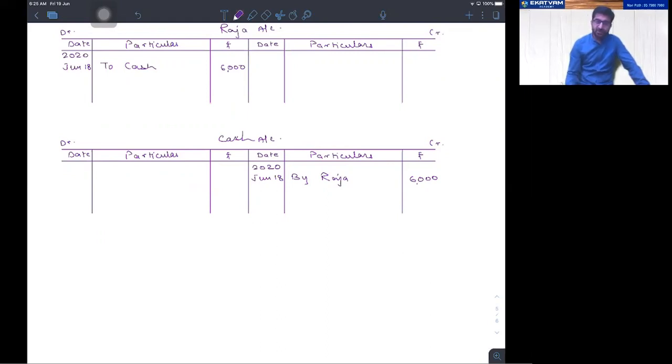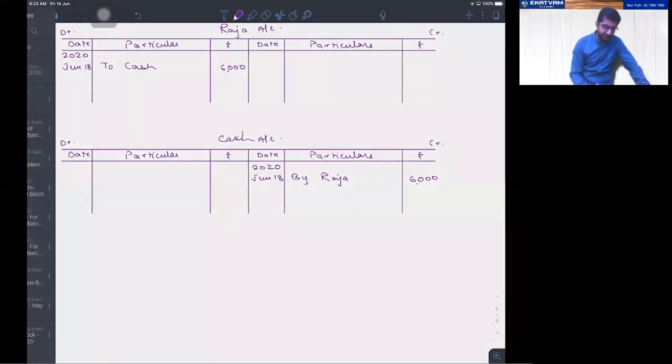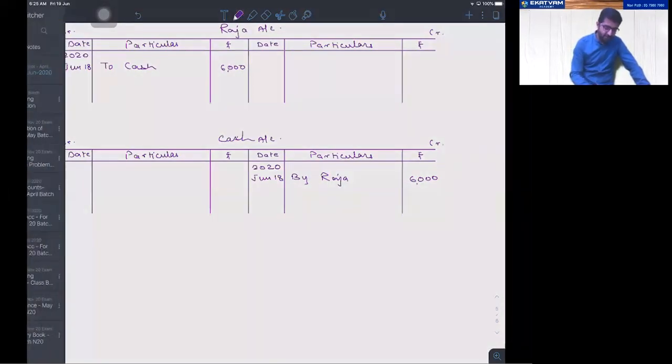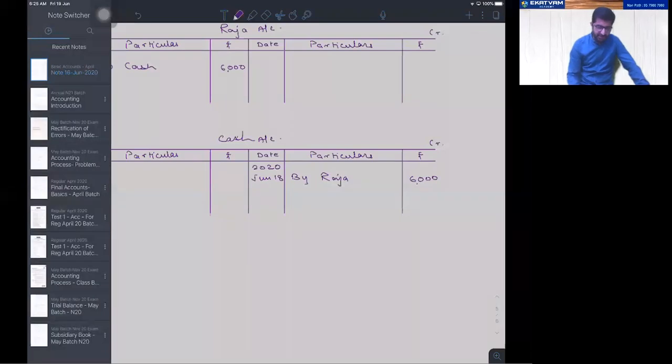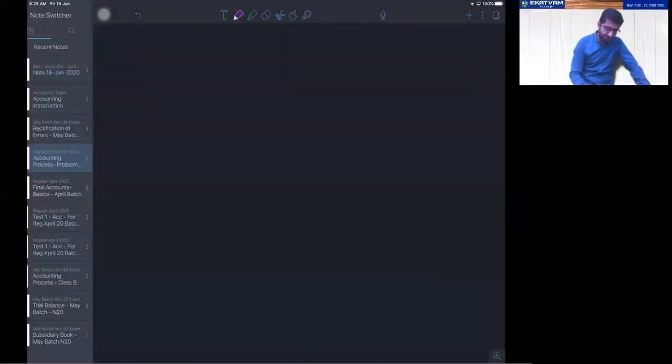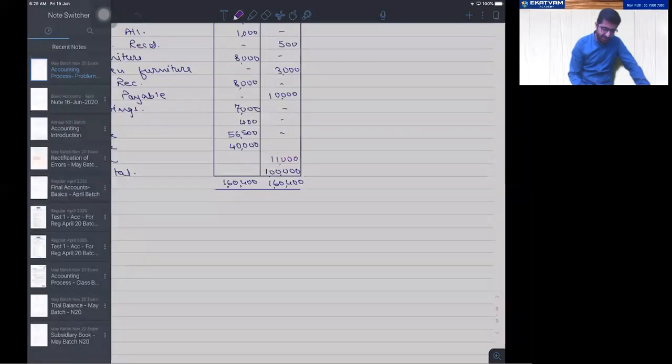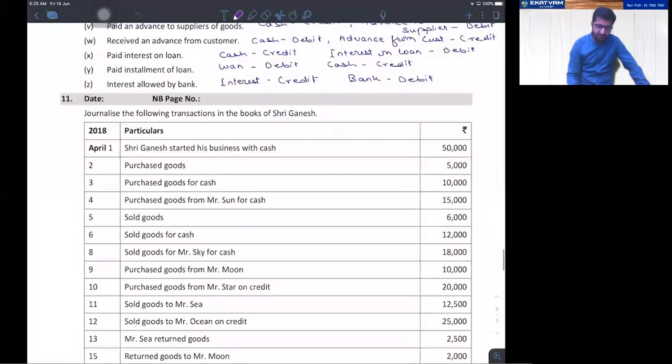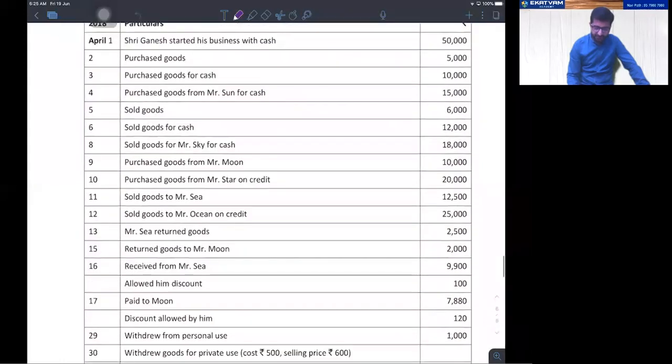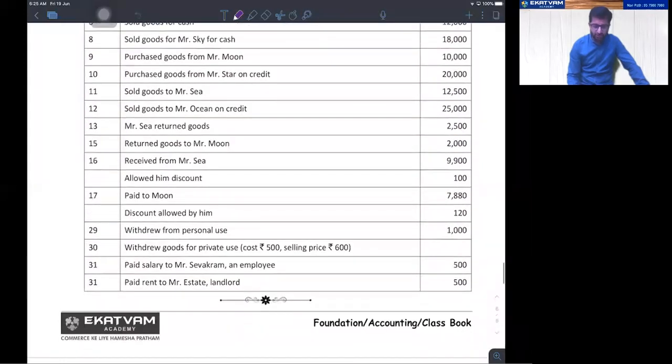Okay. Now what we'll do is we have a question on hand for which we'll do all these journal entries, and based on that we will try to observe the various ledger accounts also.